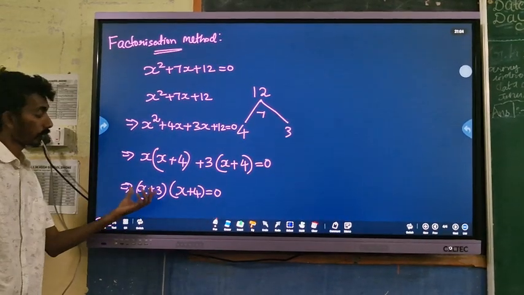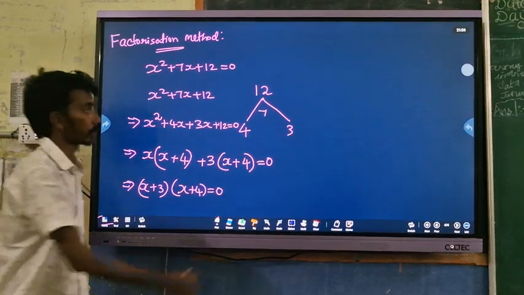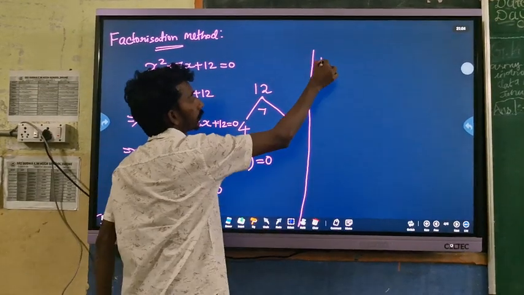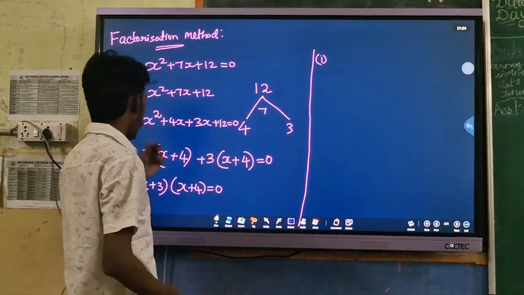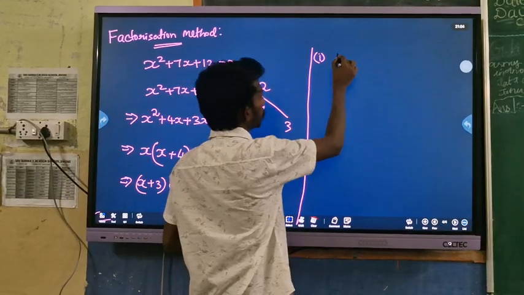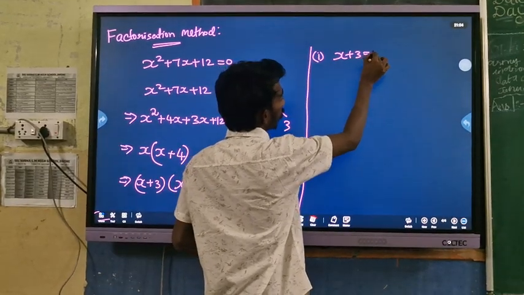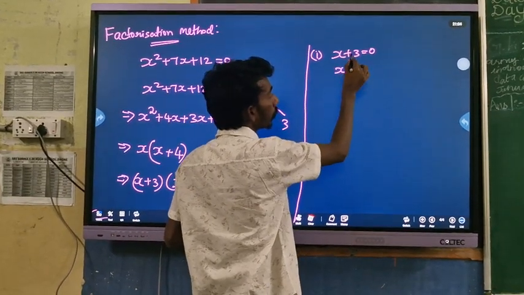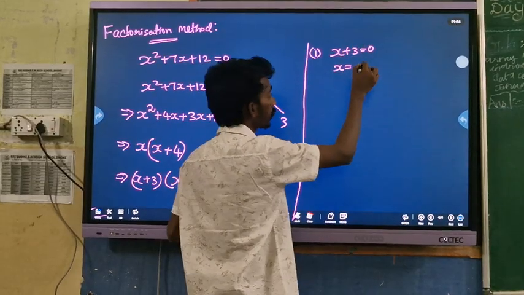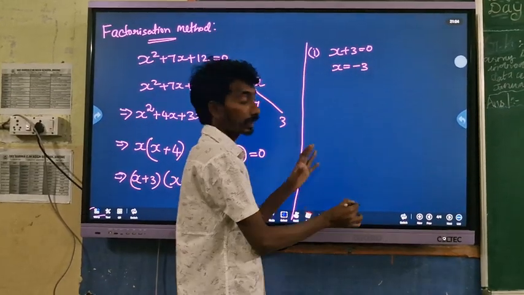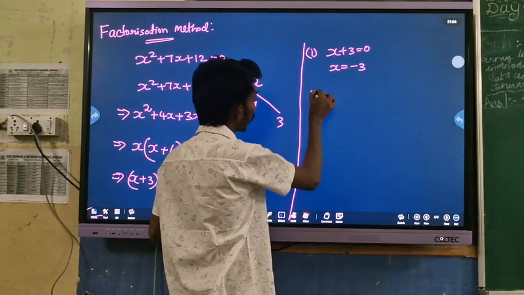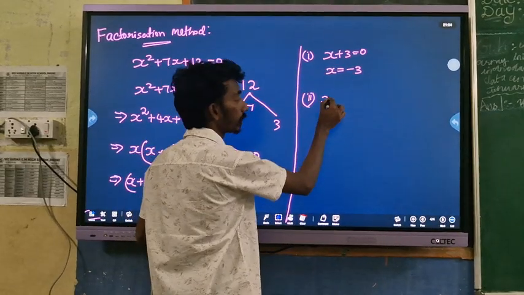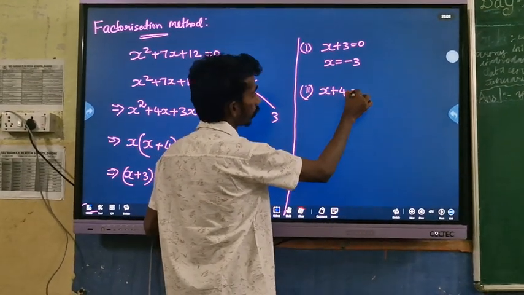Now we have to equate each factor separately to 0. Case 1: x plus 3 is equal to 0. Then x will be equal to minus 3, since plus 3 goes to the other side of the equation and changes to minus. Second case: x plus 4 is equal to 0.